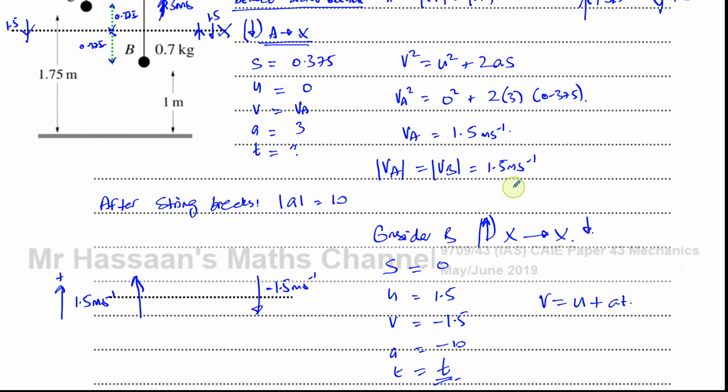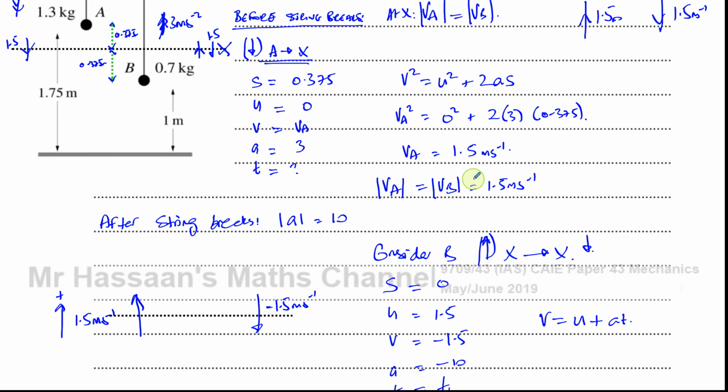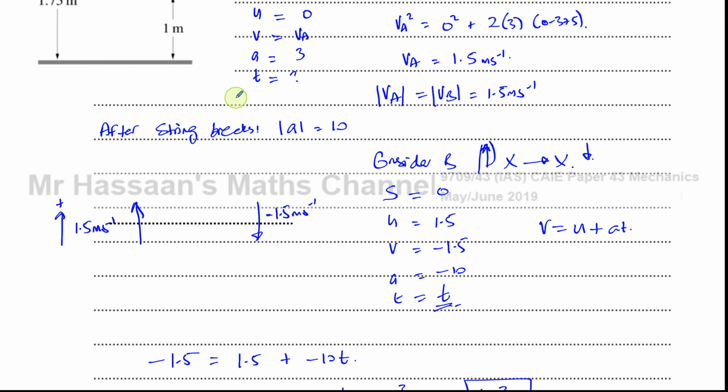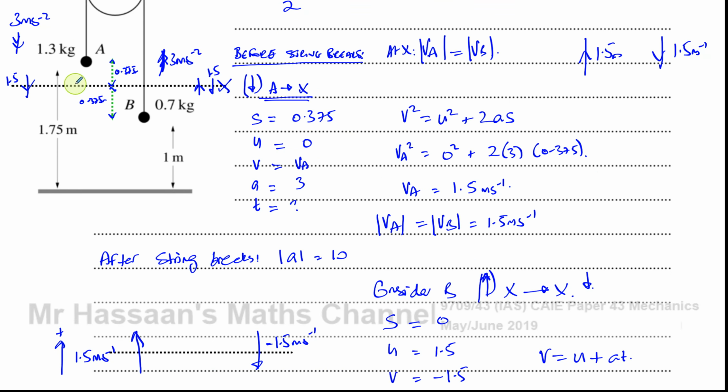I've explained it here, but basically this is the other way of working out their speeds at that point where the string breaks. Now, after the string breaks, A is going to go directly to the ground, heading downwards. It starts at 1.5 meters per second. It's going to hit the ground.